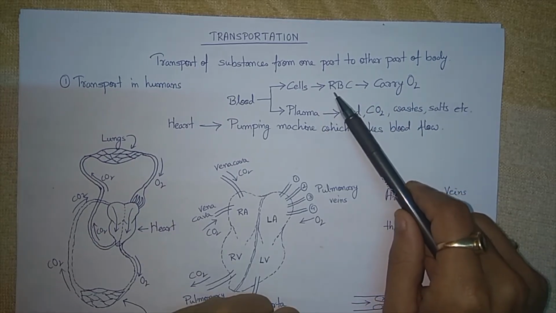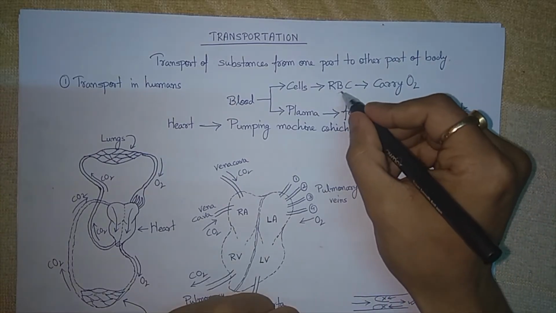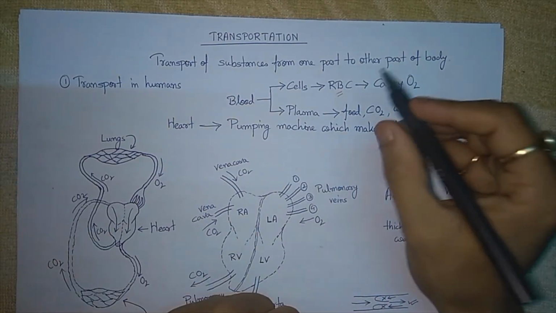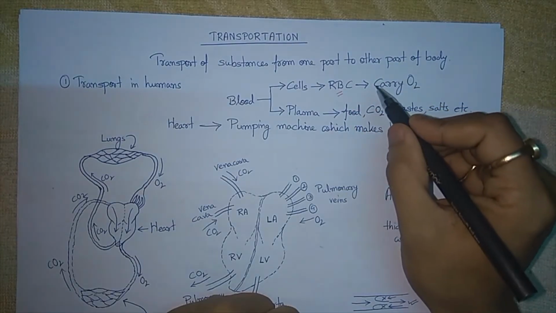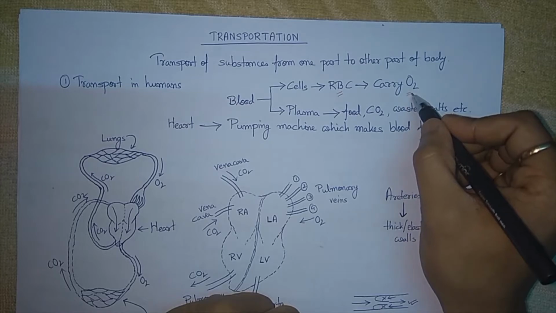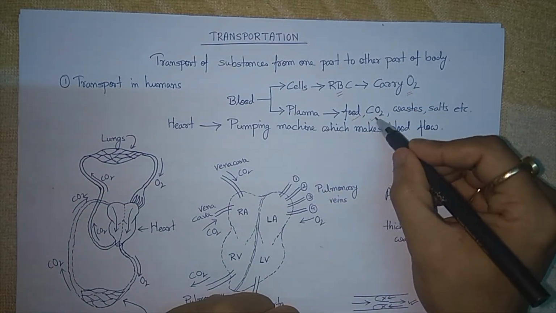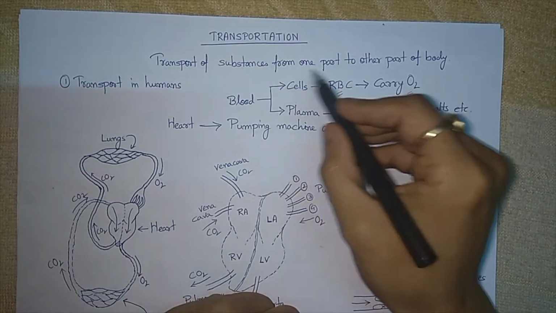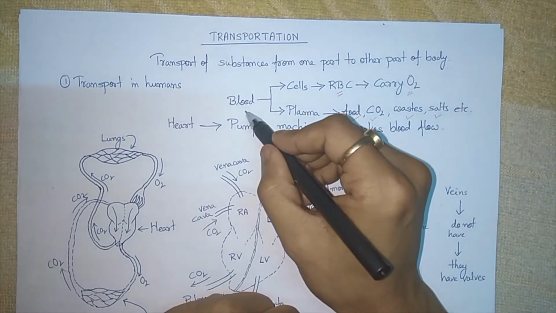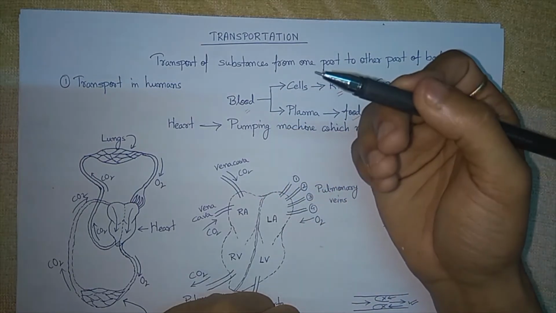In this case, only RBCs will be considered, because RBCs have hemoglobin, with which they can transport oxygen. Plasma can transport food, carbon dioxide, wastes, salts, etc. So we can see that overall blood helps in transportation in humans.